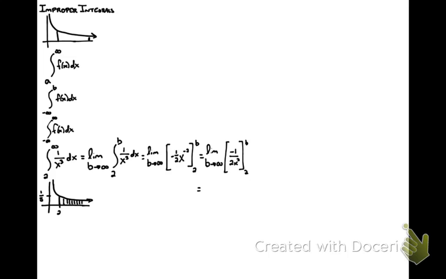When I substitute b into this, I have the expression negative 1 over 2b squared minus, when I substitute 2 into this, I get negative 1 over 8.